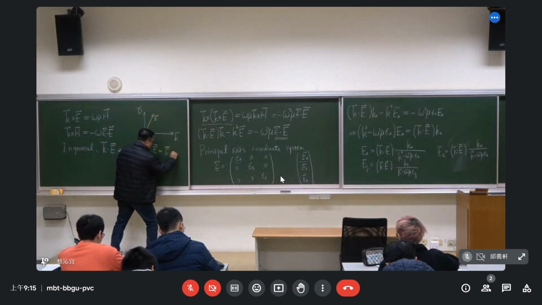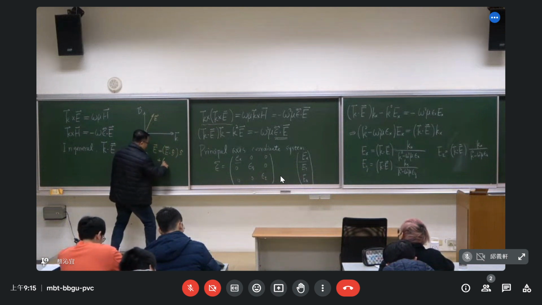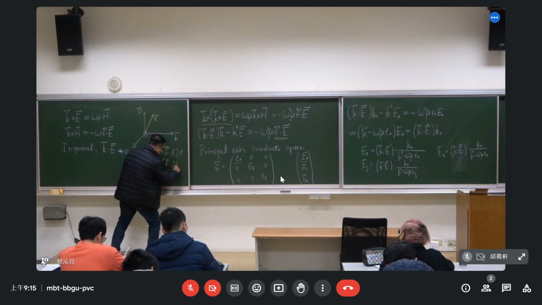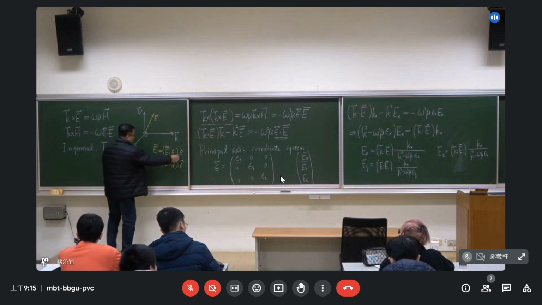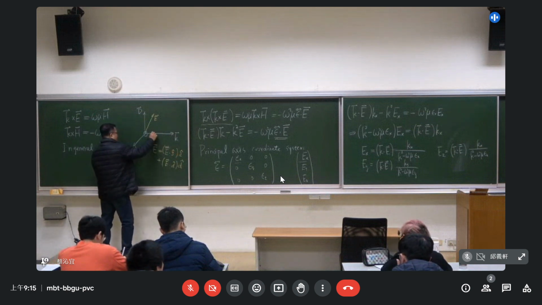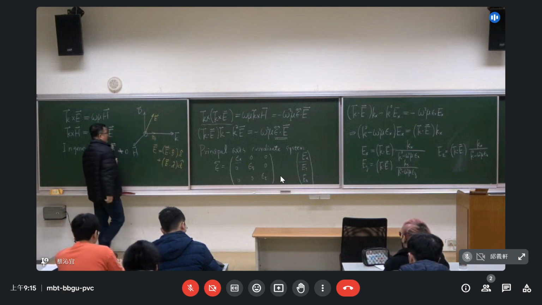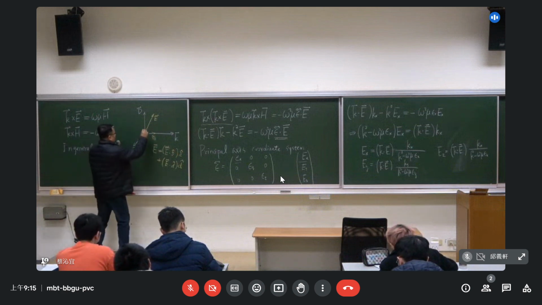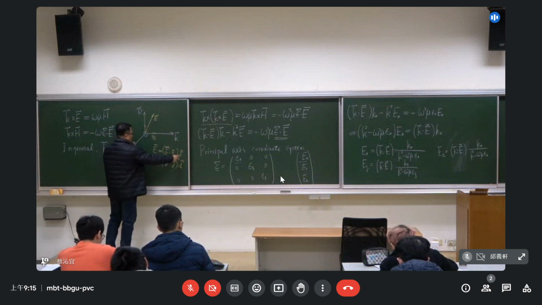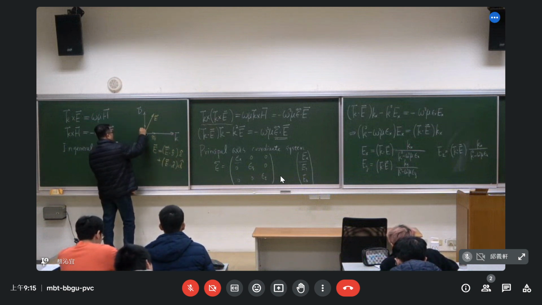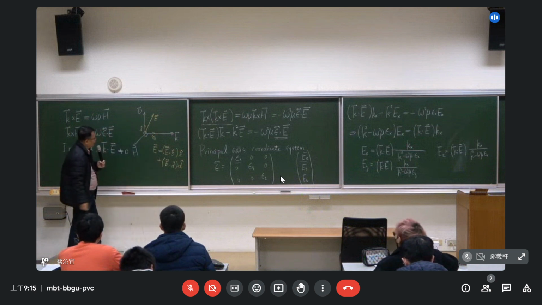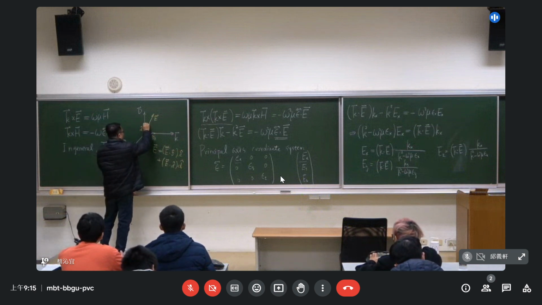Okay, so E can be written as E dot S times S plus E dot d hat times d hat. Here, S is the unit vector along the K direction, and d hat is the unit vector along the D direction.